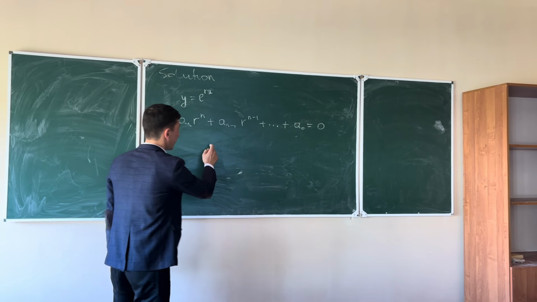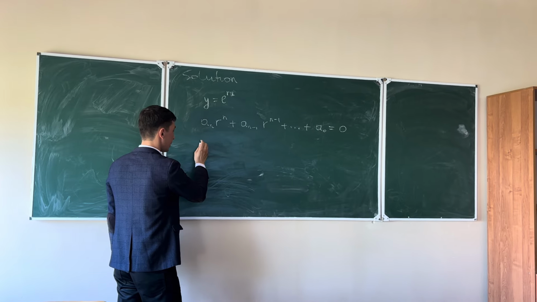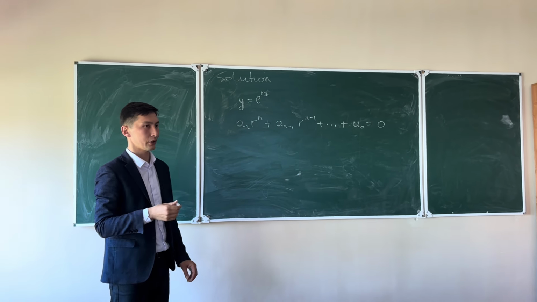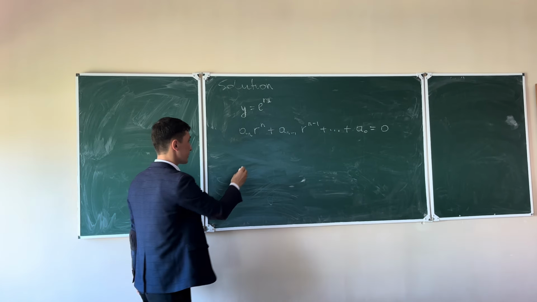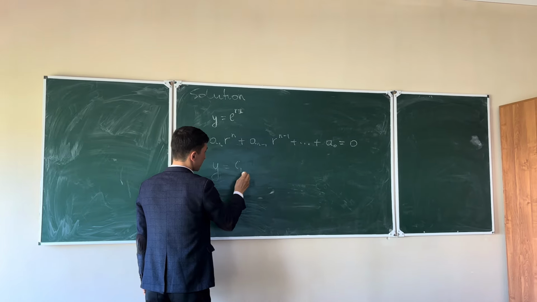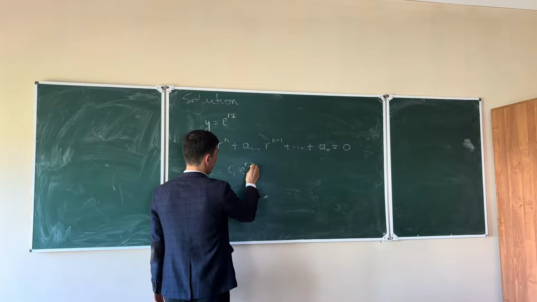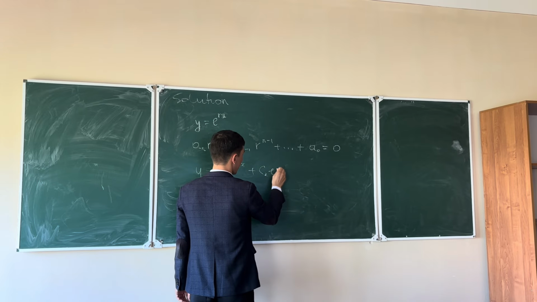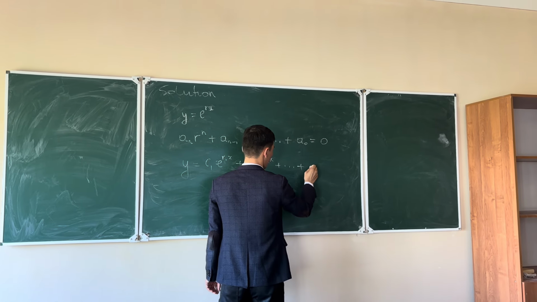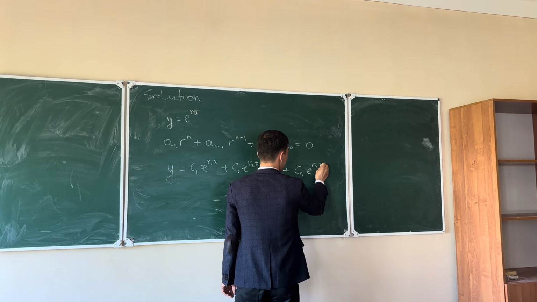If we have distinct real roots, the solution of the linear homogeneous differential equation can be written as y equals C1 e to the power of r1x plus C2 e to the power of r2x plus and so on, plus Cn e to the power of rnx.